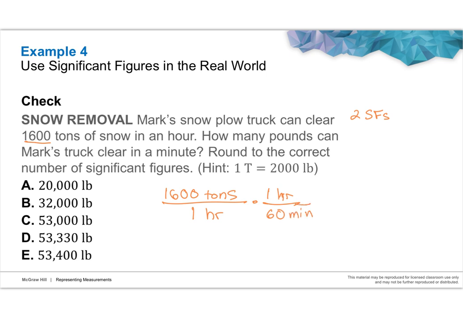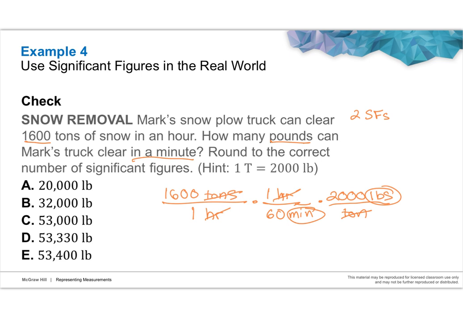And then a second conversion factor of how many pounds are in a ton. Because look at the units we're trying to find. We're trying to figure out how many pounds in a minute. Okay, so pounds should be our leftover unit in the numerator. Minutes should be our leftover unit in the denominator. If we go ahead and cancel out our common units, we can see that pounds and minutes is in the arrangement we want it to be.